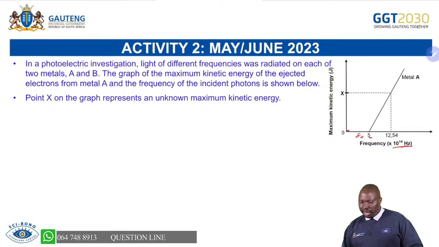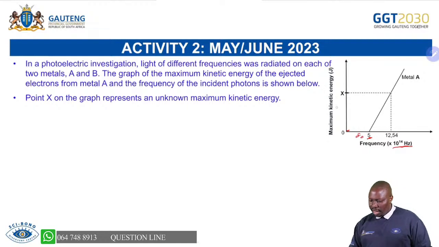I would like you to be able to analyze the graph before you even start to answer the question. The first thing that you know is that when we are given a graph of maximum kinetic energy versus frequency, we know that the threshold frequency is that one. The next thing that we talked about was the gradient of that graph, which is changing Ek max over changing frequency. Remember, we said the gradient of this graph will give us Planck's constant.